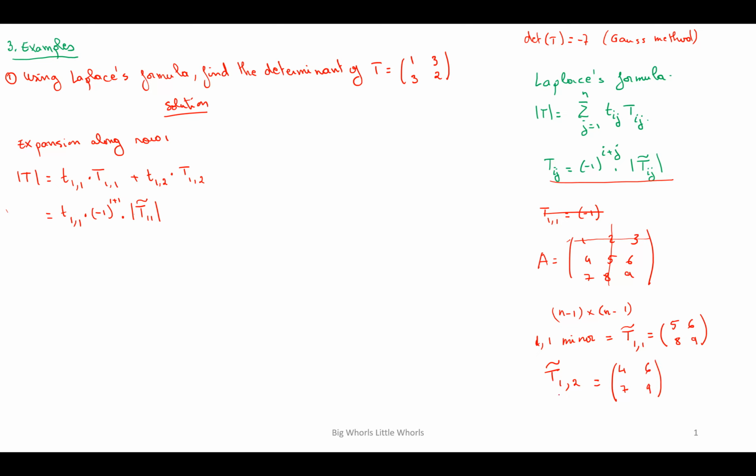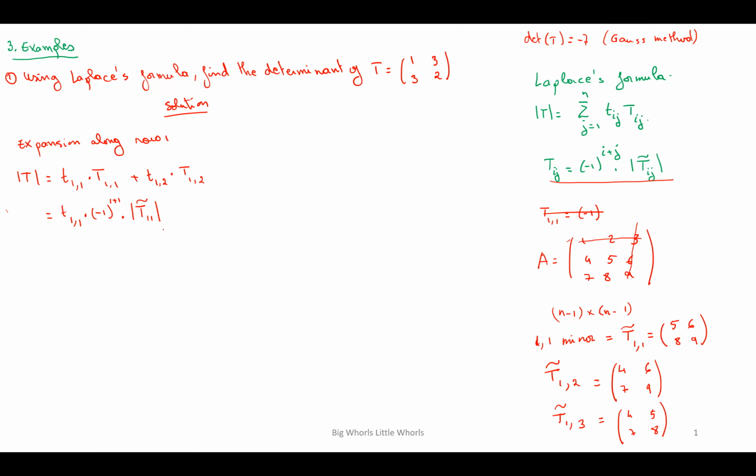Let's find the third minor of this matrix, the 1,3 minor, by deleting row 1 and column 3. We are left with 4, 7, 5, 8. So that's how you find the minors of a matrix.